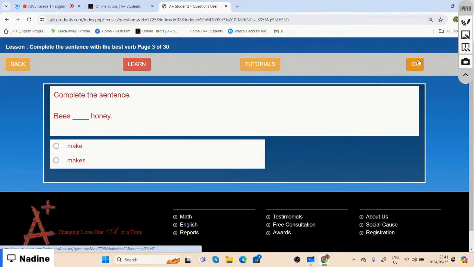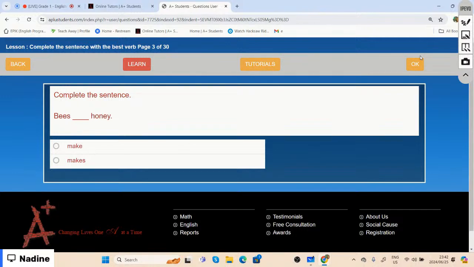It says bees. Bees, it's more than one bee. So bees make honey, which is option one, or bees makes honey, option two. It's present tense.